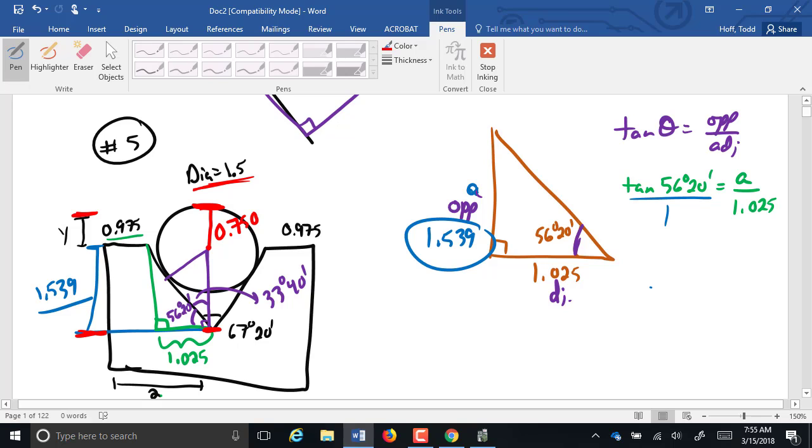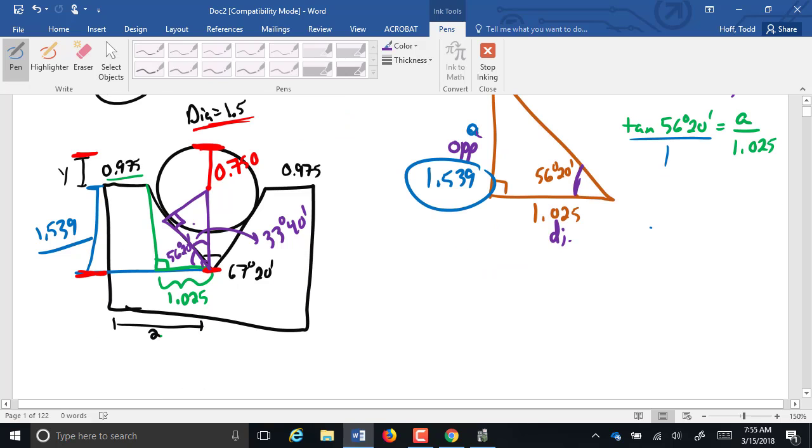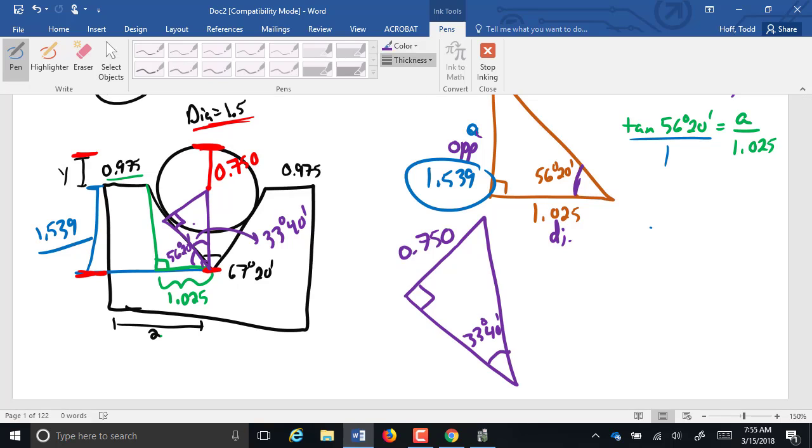All we need to do is finish off this purple triangle here, the right angle. So let's look at that purple triangle. So we know this is 0.75. We know this angle here, we found that to be 33 degrees 40 minutes. We are looking for, let's call this dimension here dimension B, that's that vertical.